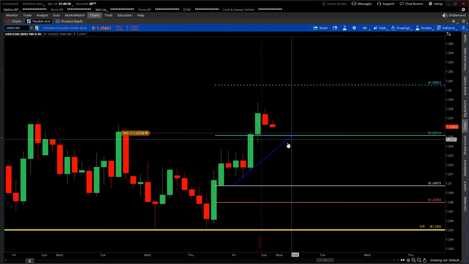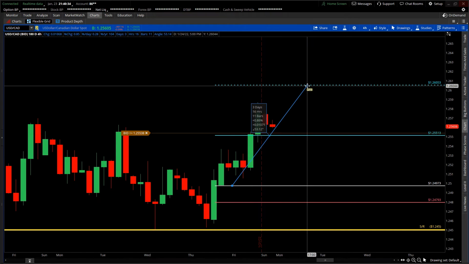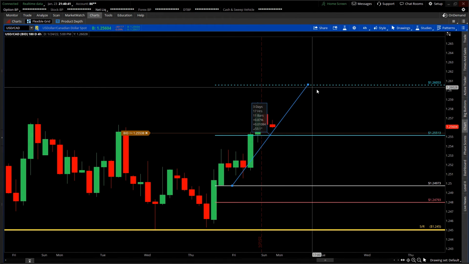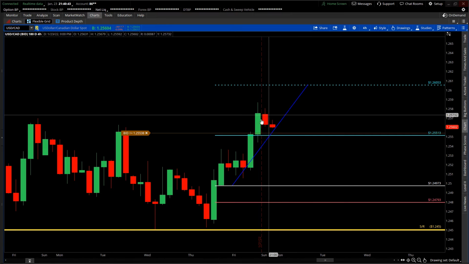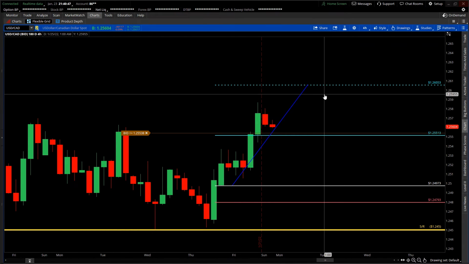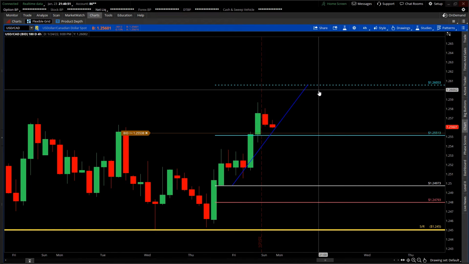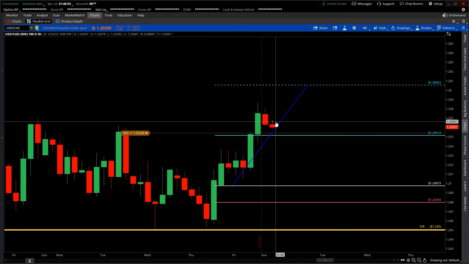So this should be a 1 to 6 risk to reward, and that would be over 100 pips approximately. If price consolidates here and we could see another leg higher, maybe tomorrow or hopefully Tuesday.